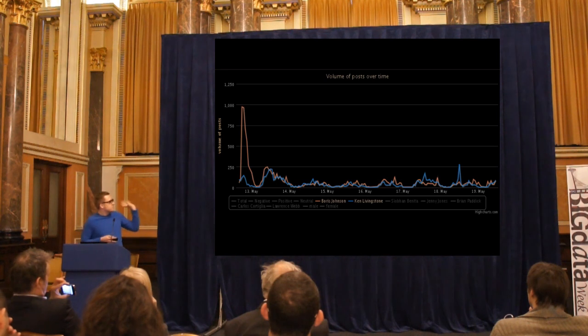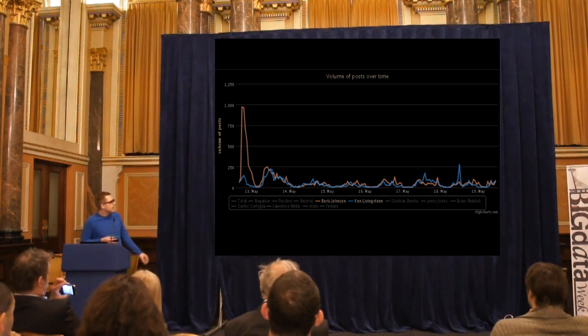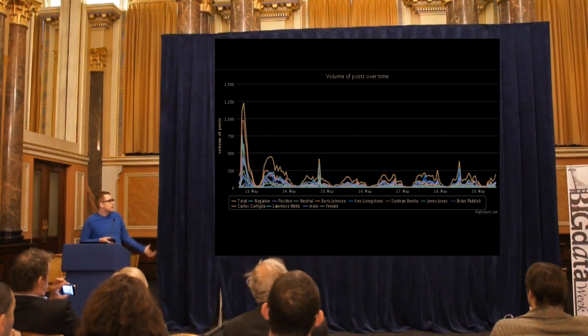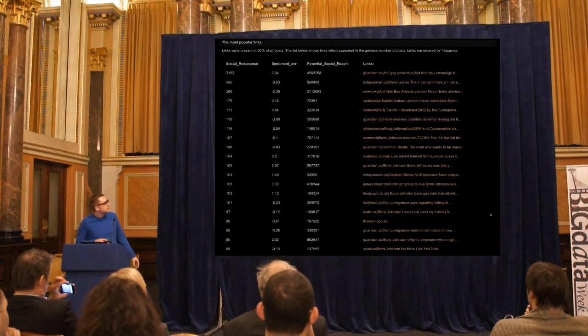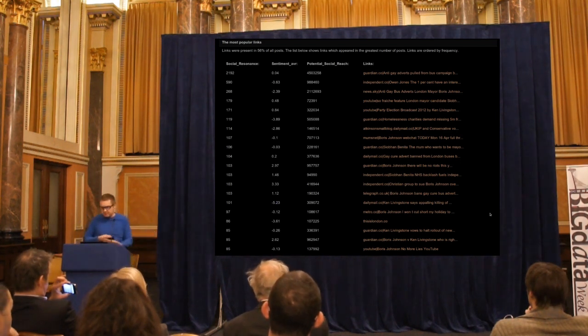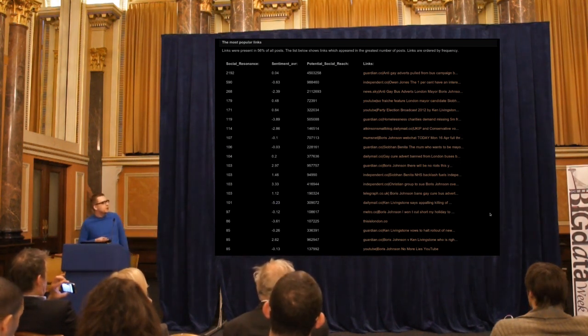And obviously, if we've got only 2 things to plot, you can use the line graph. But if we are trying to plot other candidates, it's becoming a bit messy. So what can we do if we want to plot more things? This is the same data set. These are the links which people were sharing when talking about the current election of the Mayor of London.